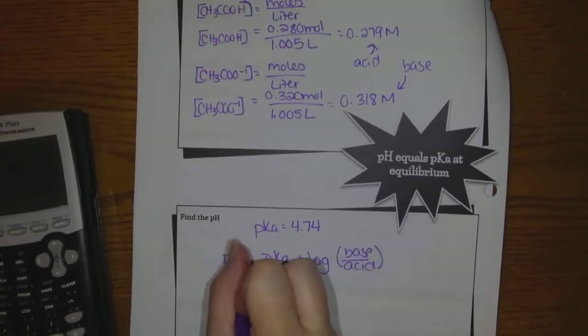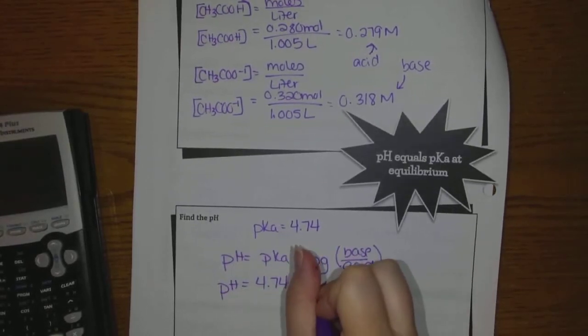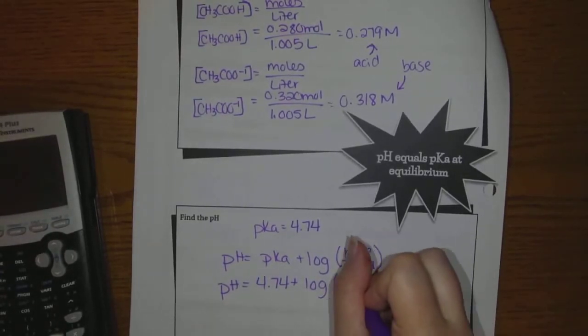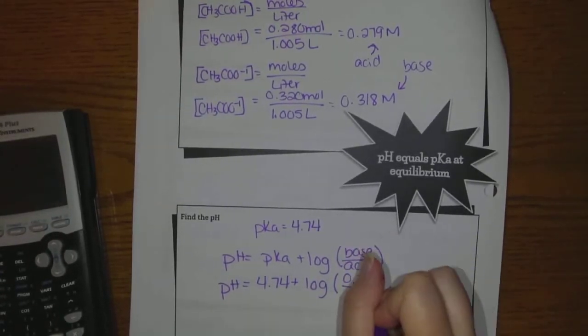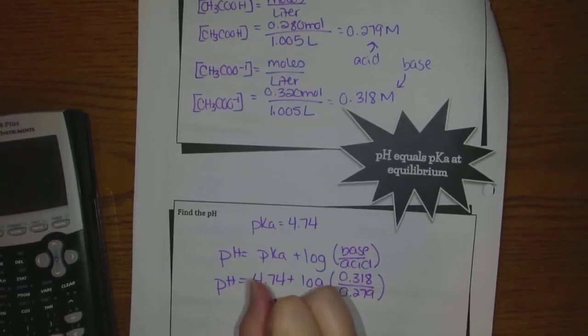So our pH is going to equal 4.74 plus the log of our base, which is 0.318, all over 0.279 over our acid.